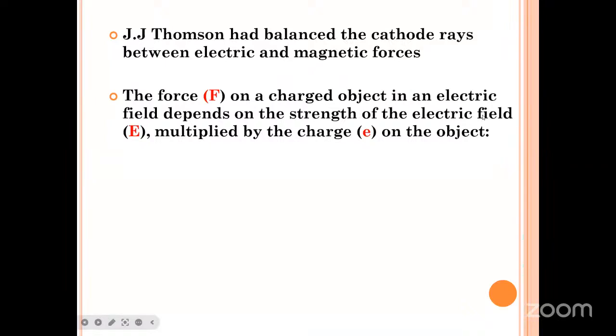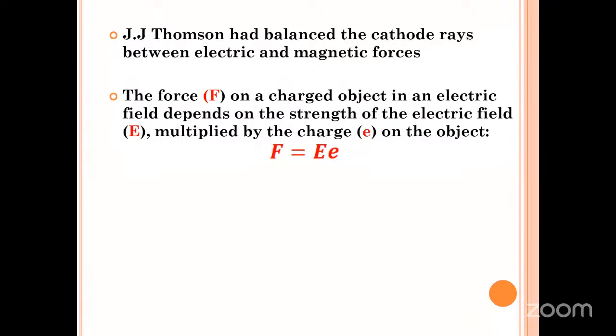It depends on the electric field itself and the charge on the object. So the formula for the electric field force, F, is equal to the electric field strength, E, and the amount of charge, small letter e.